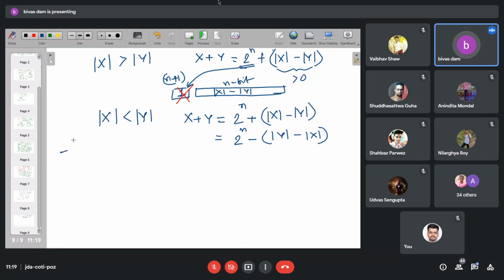Now minus of mod y minus mod x, isn't it? In case mod x is less than mod y, what is the required result?